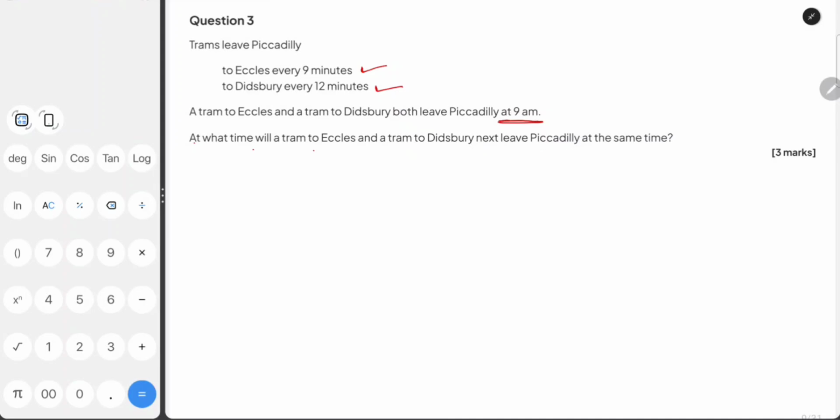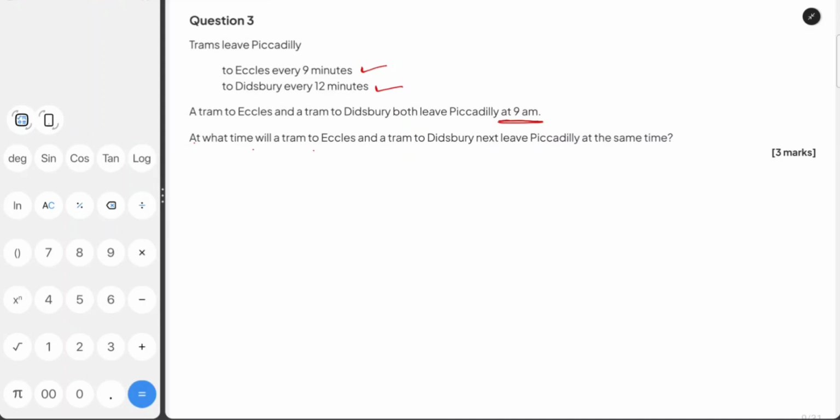So here again the question is whether we go for HCF or LCM. Now I have already given you the simple layman trick that if the answer you are trying to find is going to be bigger than the given data, then you go for LCM, otherwise you go for HCF. Now here you know that at 9 a.m. they are going to leave together.